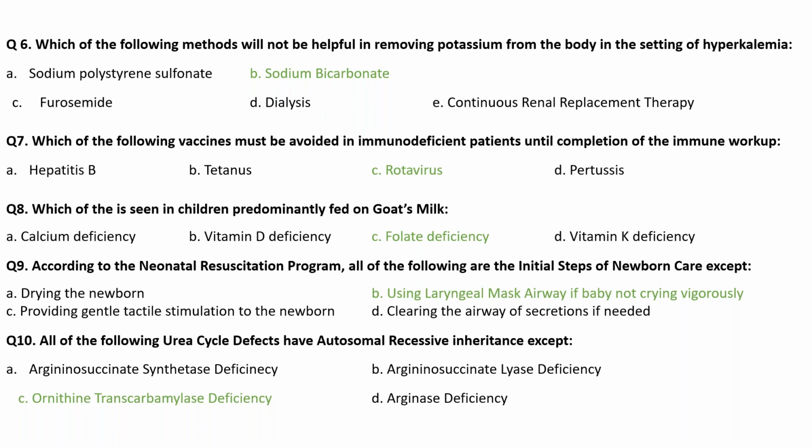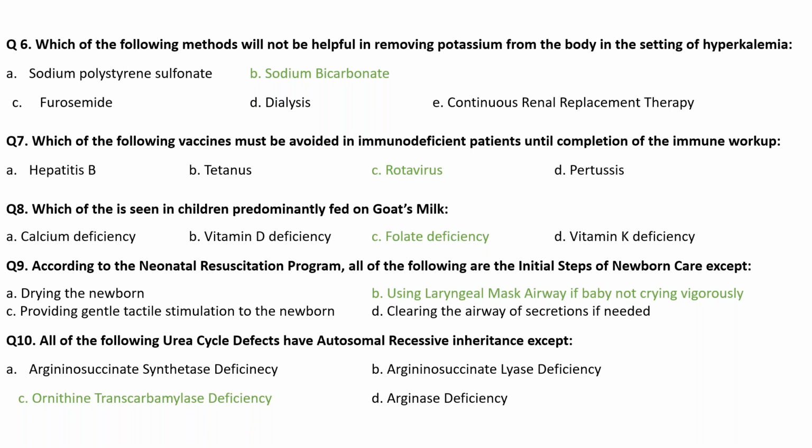But folate, only 20% of what is present in cow's milk is seen in goat's milk. So children who are predominantly fed with goat's milk are more likely to have folate deficiency. Women who are predominantly given goat's milk are more likely to have children with neural tube defects.